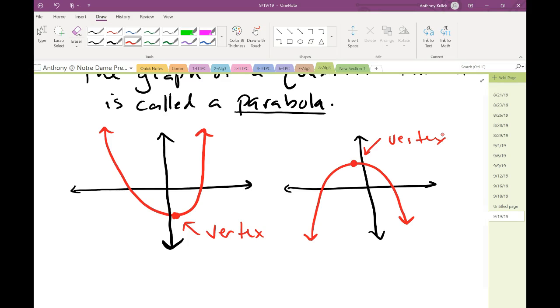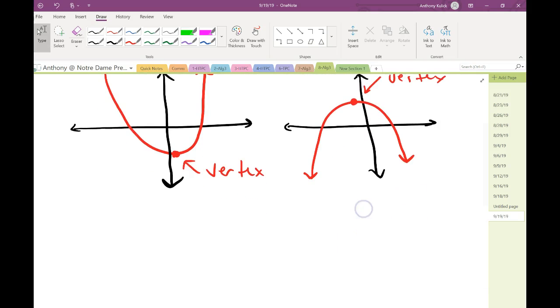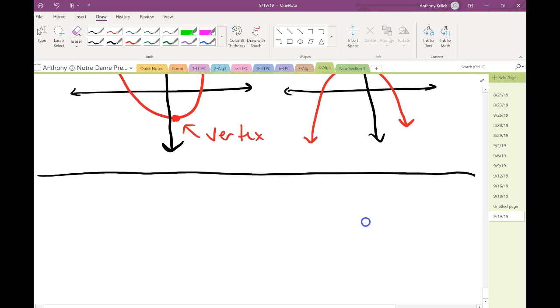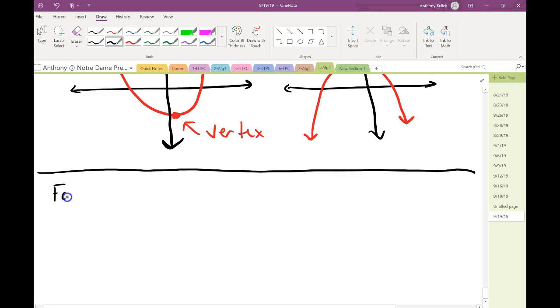Note that unlike the absolute value function, the parabola is curved as opposed to straight lines. I would be picky about that on your graph if you drew a parabola with straight sides as opposed to curved sides. And our first thing that we want to talk about is being able to find that vertex.